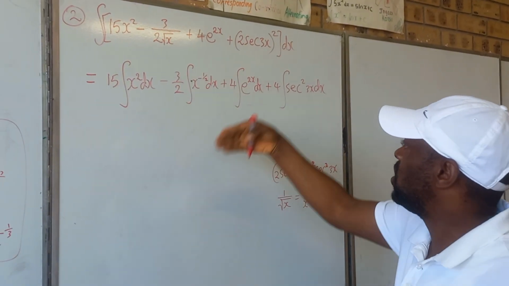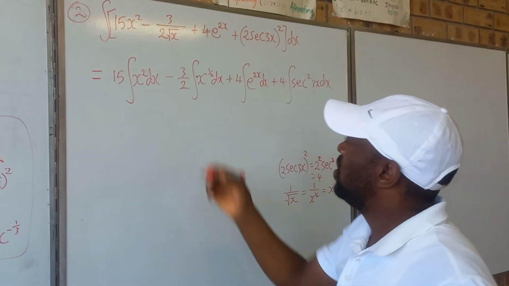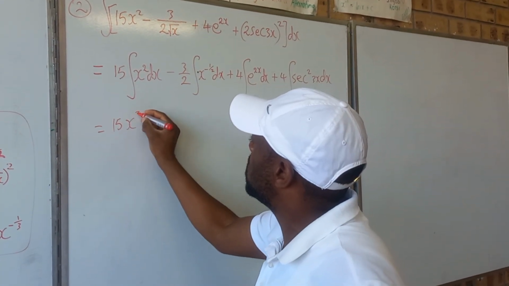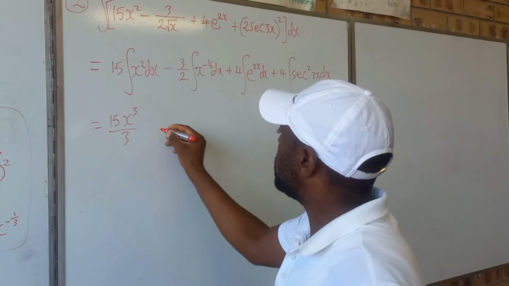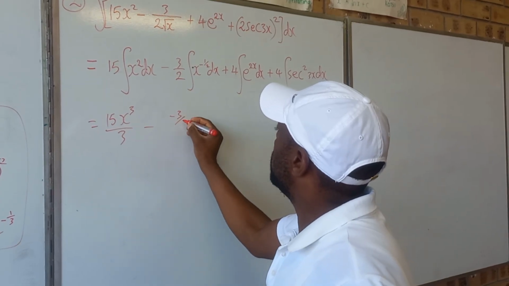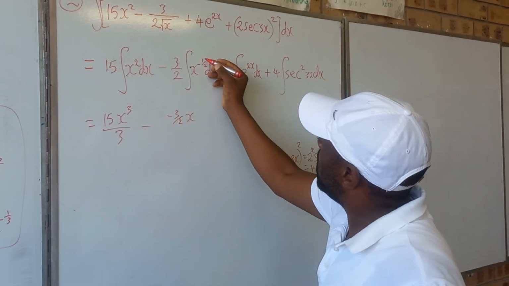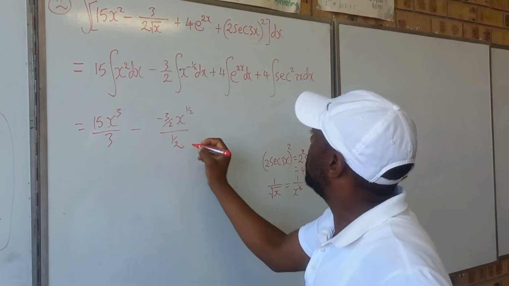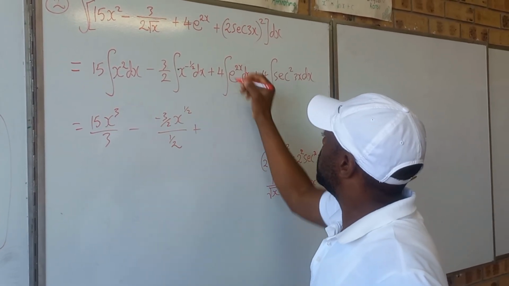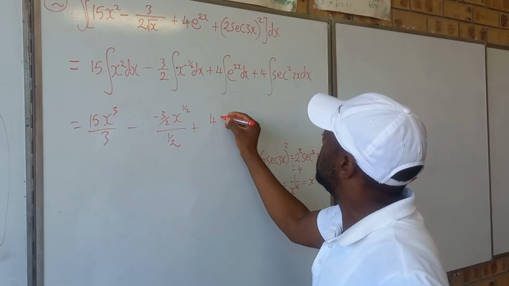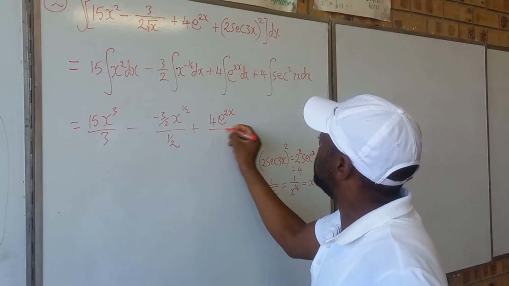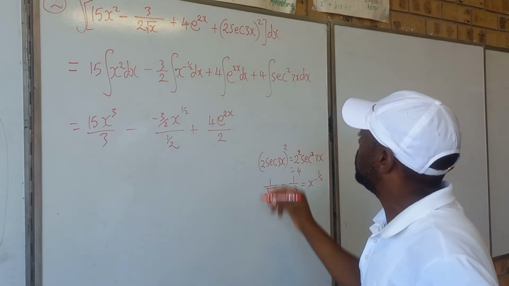So now again, each term has got its formula. The first term is formula 20, so we get 15 x cubed over 3 minus negative 3 over 2 x. If you add 1 there, you will get the power half divided by the half. Then this is formula 24 on the level 4 formula sheet, where our k is 2, so we get e to the power kx divided by k, then k is 2.